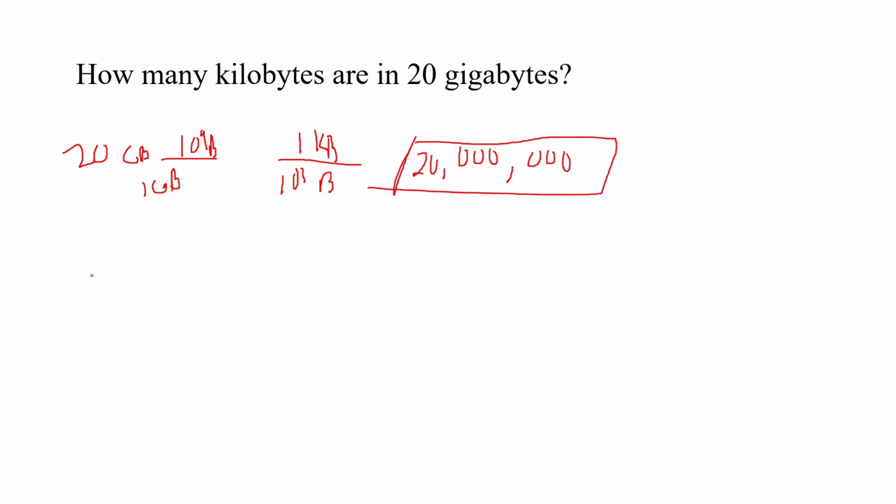Powers of 2 is 20 times 2 to the 30 over 2 to the 10, and that's going to equal 20,971,520.